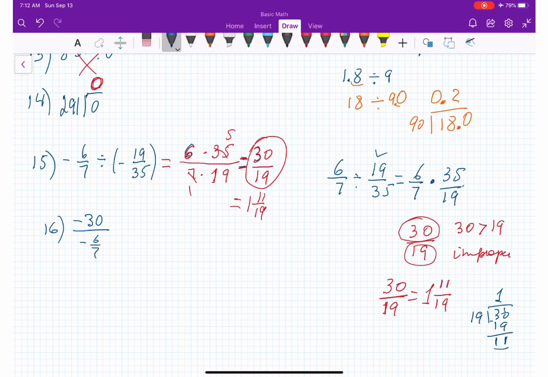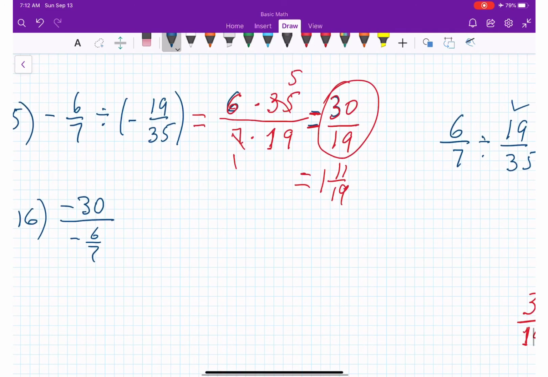I told you that when we have a fraction line, that means division, so I can rewrite it. Negative 30 divided by negative 6 over 7. Negative divided by negative, signs are the same. That means it's going to be positive, which means 30.